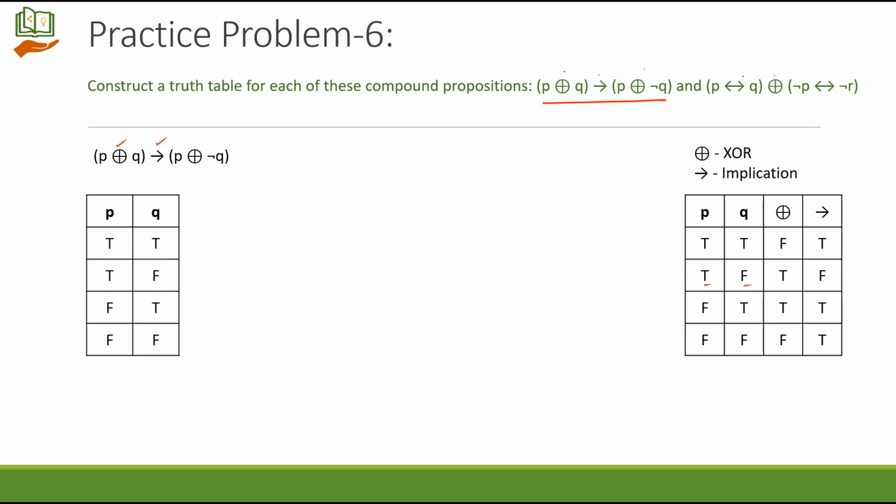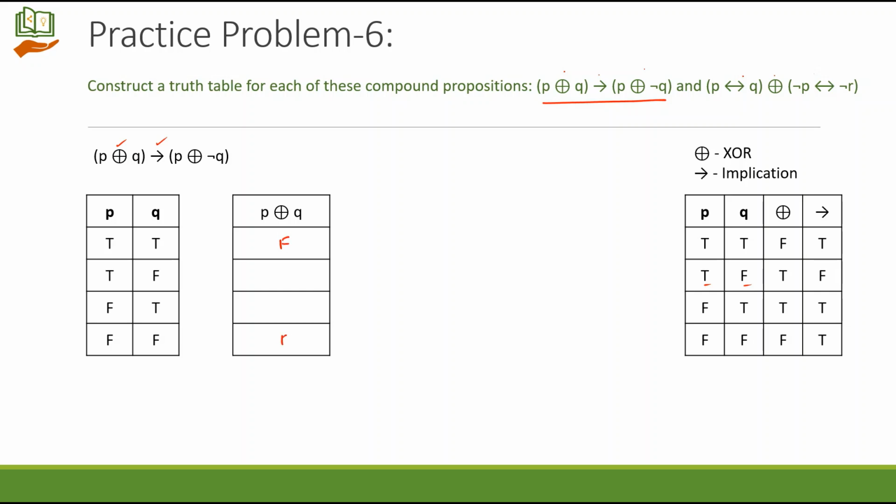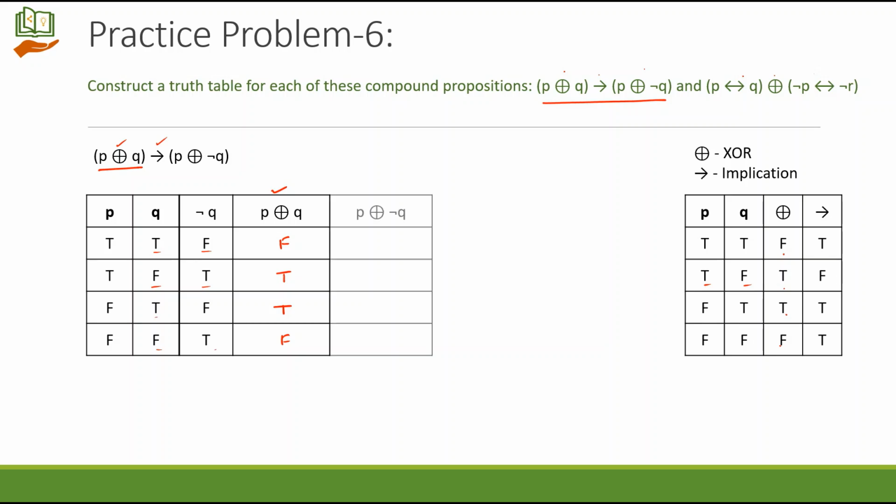Now let's start working with P and Q. What is P XOR Q? The first row and the final row will have false and the remaining rows will have true. So the first expression is done. What about the second expression? We have to find negation of Q. Wherever you have T, you place F, and wherever you have F, you place T. Now you have to find P exclusive or negation of Q. Just consider this column and this column.